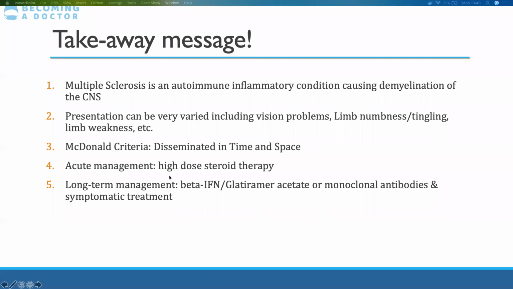Acute management, if it is quite severe, is high dose steroid therapy. Long-term management is injectables and monoclonal antibodies. There's also targeted symptomatic treatment.